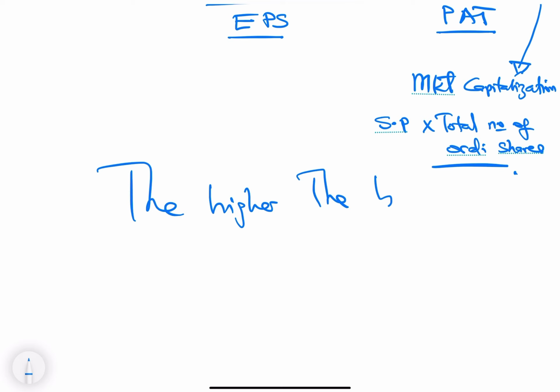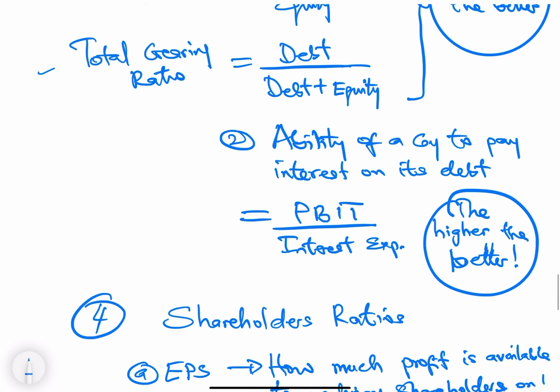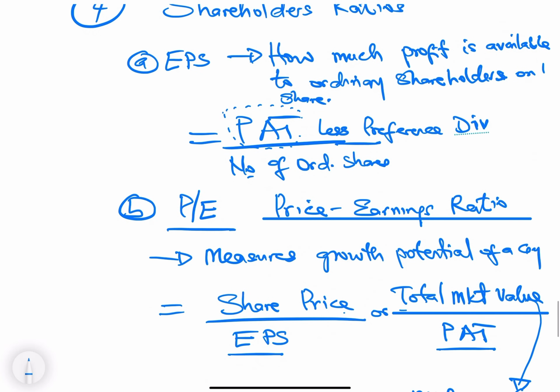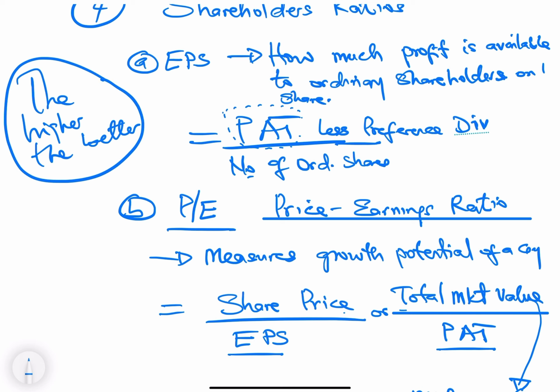So the higher, the better. Very important. For earnings per share, I told you, let me write it here as well. The higher, the better. We want high EPS.